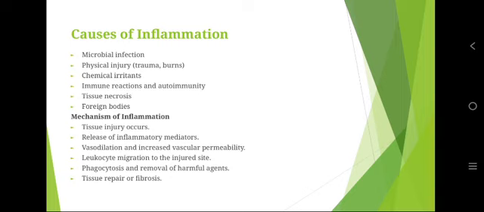Then, mechanism of inflammation. Inflammation has various mechanisms, beginning with tissue injury. Tissue injury may be caused when cells are damaged due to infections, and then release of chemical mediators. Chemical mediators such as histamine, prostaglandins, cytokines cause inflammation, and then vasodilation.